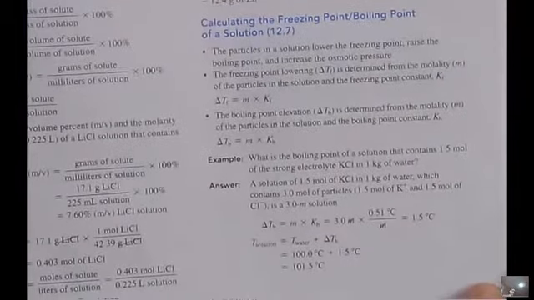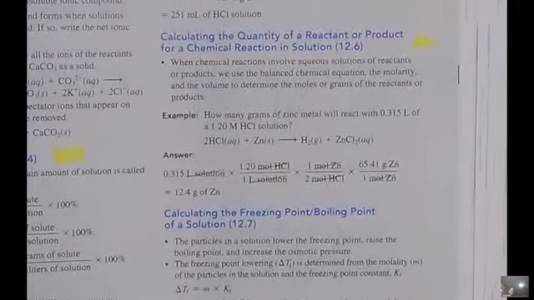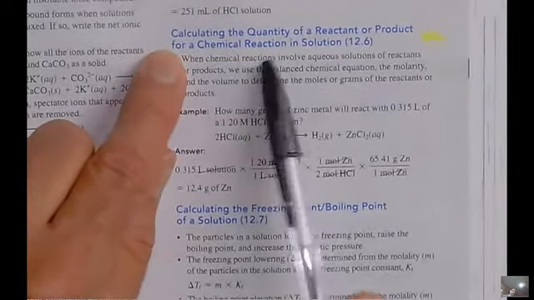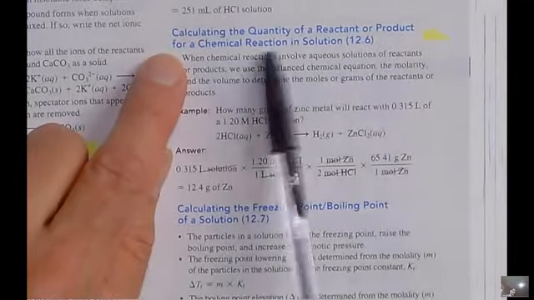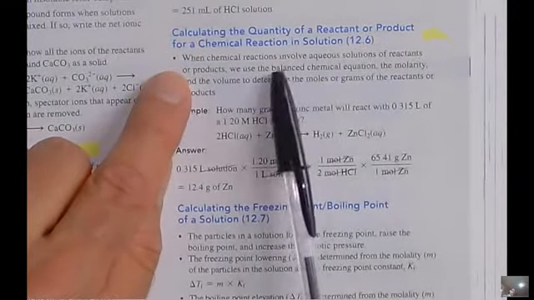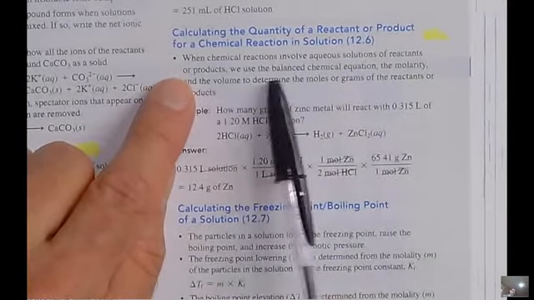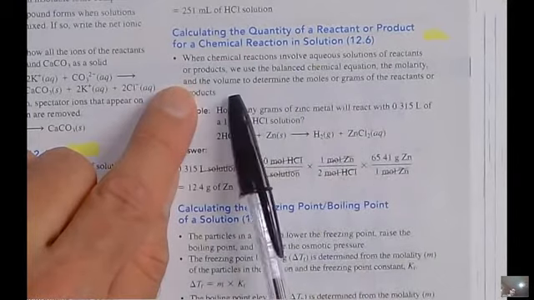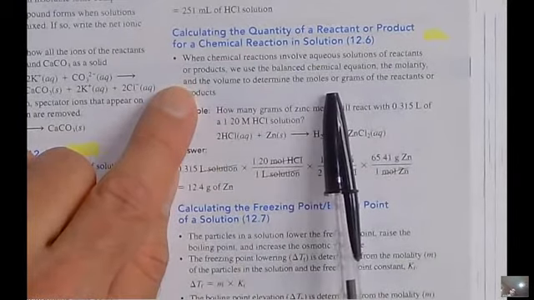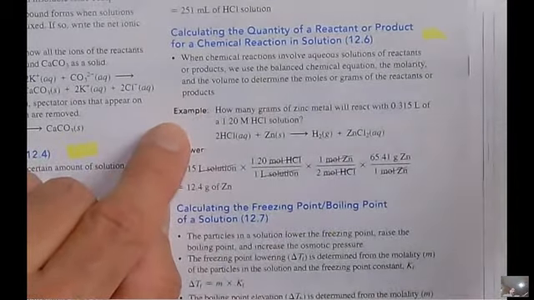So that's this very last section here. Calculating the quantity of a reactant or product for a chemical reaction in solution. When chemical reactions involve aqueous solutions of reactants or products, we use the balanced chemical equation, the molarity, and the volumes to determine the moles or grams of the reactants and products. Okay, let's do an example.